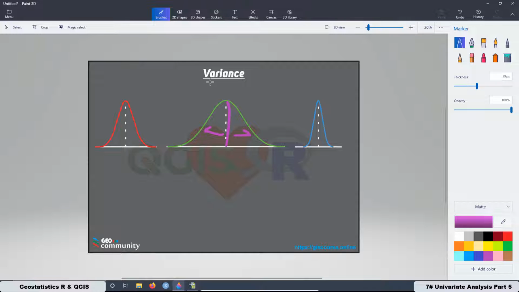Then we can extract three important things related to the variance. The first one is that the variance shows how the data is spread with respect to the mean value.